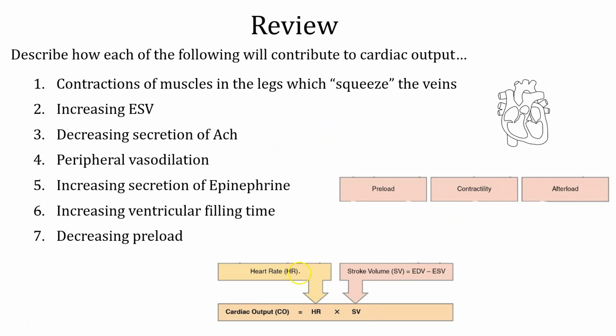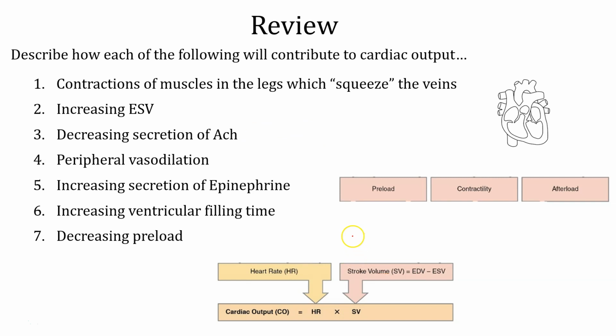Okay, so in this scenario, we've lowered the heart rate, and we'll assume that all the other factors are going to remain equivalent, which in reality they don't, but just for the sake of understanding these relationships, we'll assume that they do. Then if we lowered the heart rate and the stroke volume remained the same, the net effect would be that cardiac output will decrease.